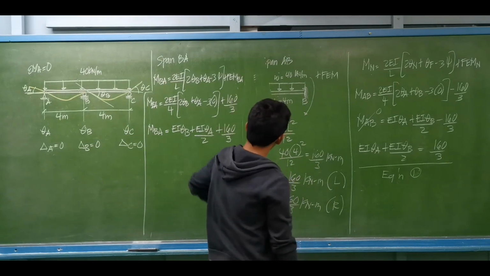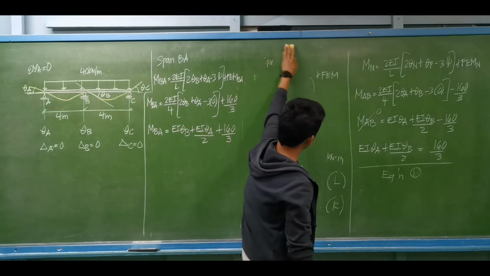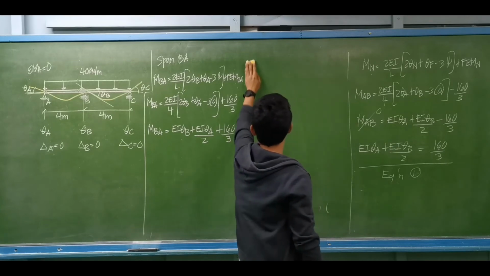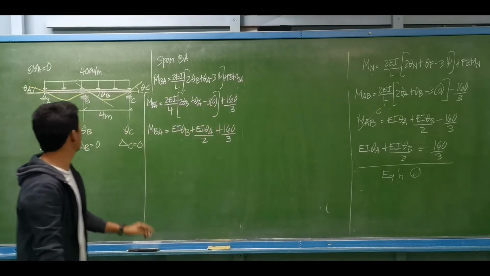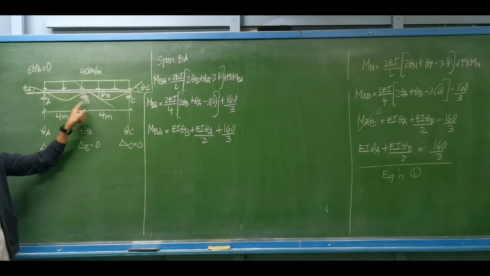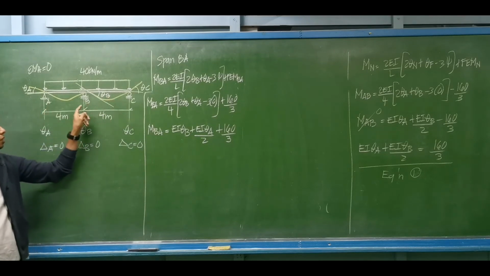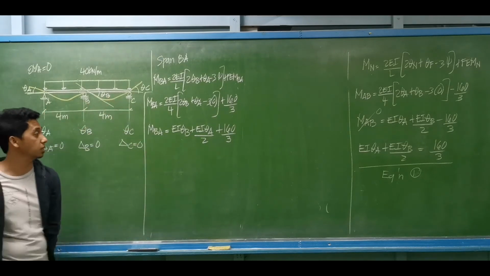Take note that point B is connected to 2 spans, BA and BC. We need to consider span BC.